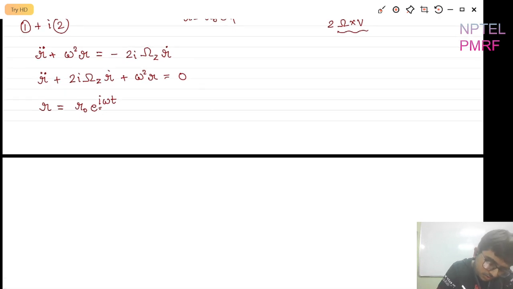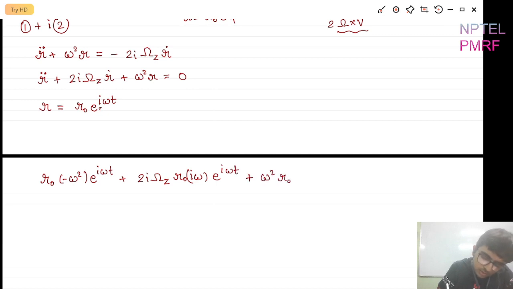Okay, so then your equation becomes r0 times minus omega square e raised to I omega t, plus 2I omega z times r dot, which would be r0 I omega times e to the power I omega t, plus omega square r naught e to the power I omega t, is equal to 0.